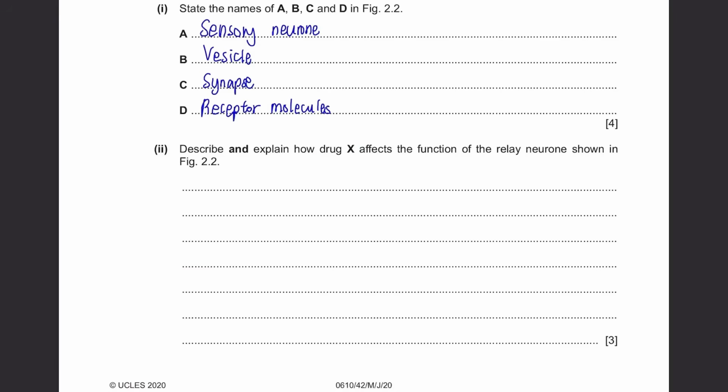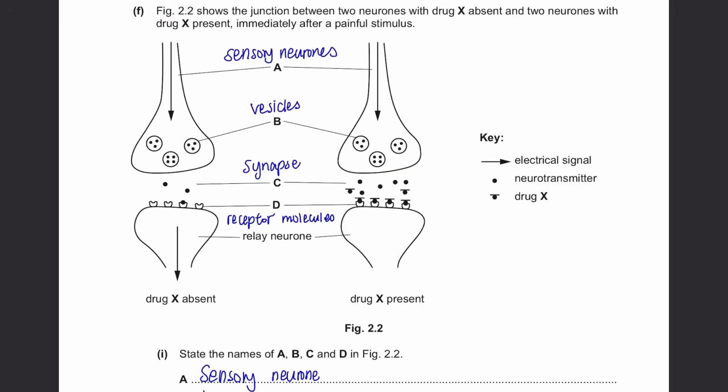Describe and explain how drug X affects the function of the relay neuron shown in figure 2.2. Drug X is here. It's very obvious that they are blocking the receptor molecules. This is possible as their shapes are very similar to the shape of neurotransmitters, or you can say they are complementary to shape of receptor molecules.